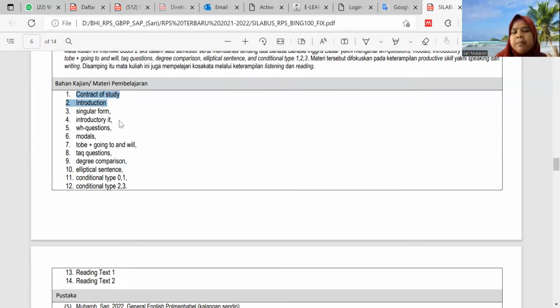Okay, group 1 belongs to the student who has number 1 in the attendance list. You can check your attendance list. What number are you?